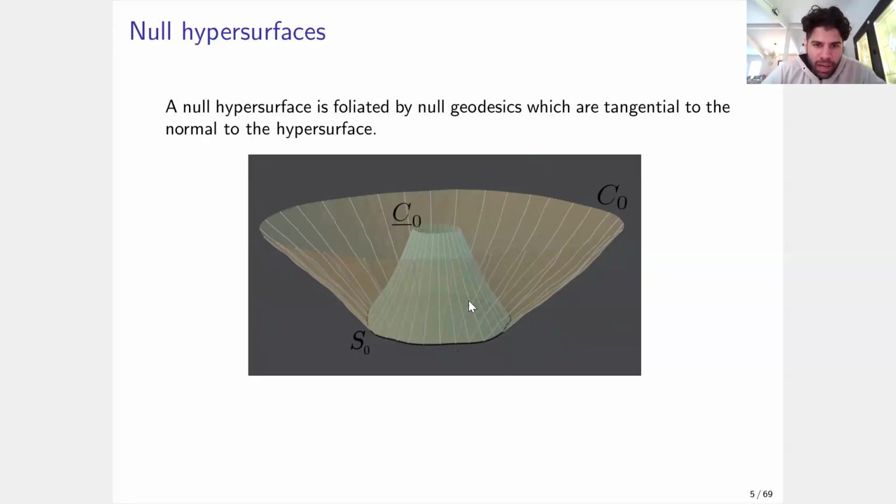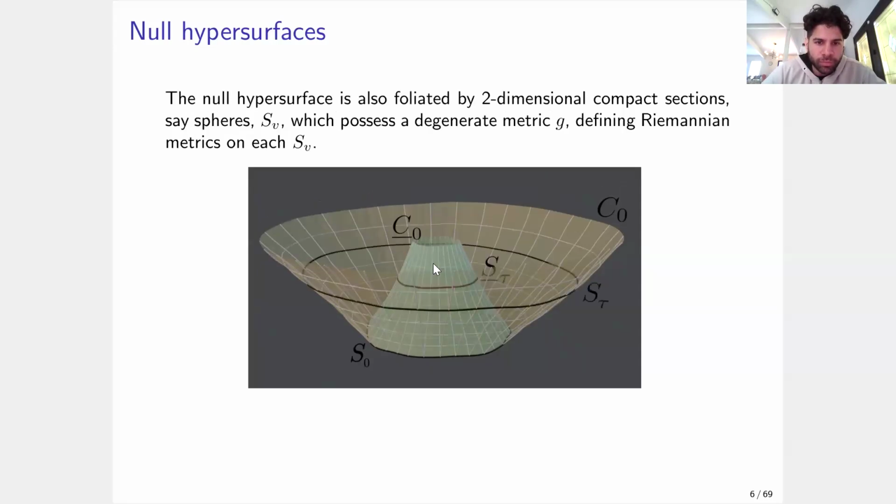So if I consider another section of our null hypersurface, then you also have the unit round metric defined on it, on top of its induced Riemannian metric. Okay, so any section of our null hypersurfaces will have two Riemannian metrics.